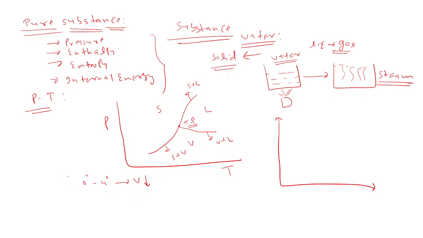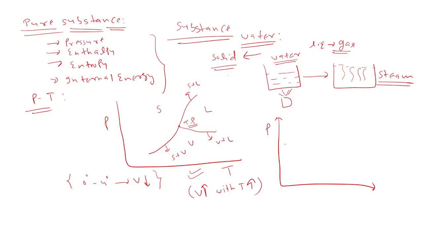Only for water, right? In other things, when temperature increases, generally volume increases. But this phase diagram, for solid to liquid conversion, is valid when volume increases with temperature increase.